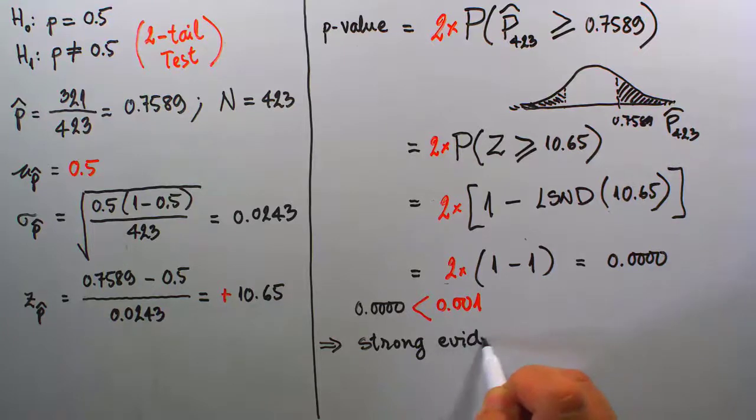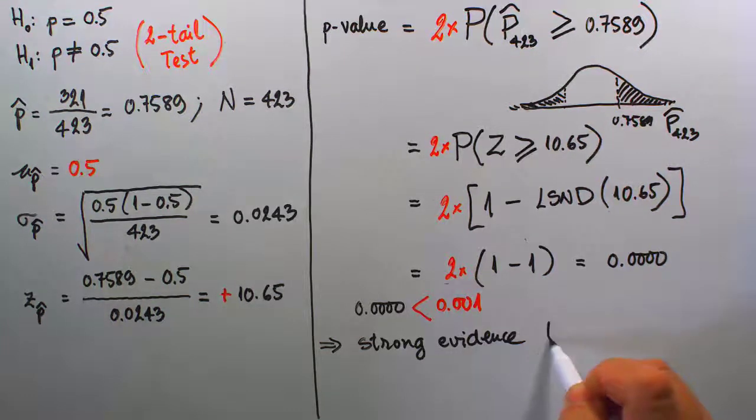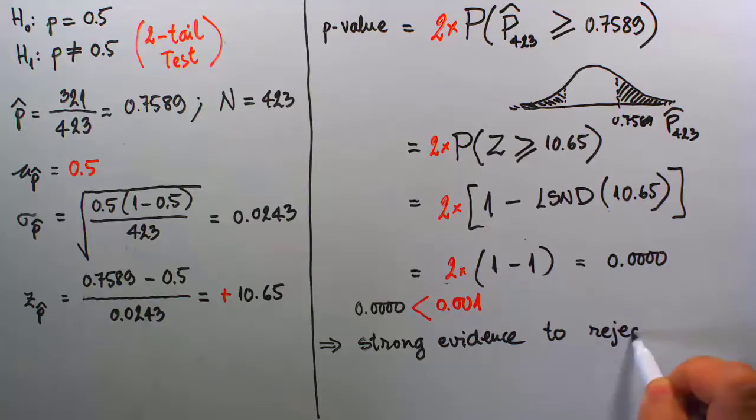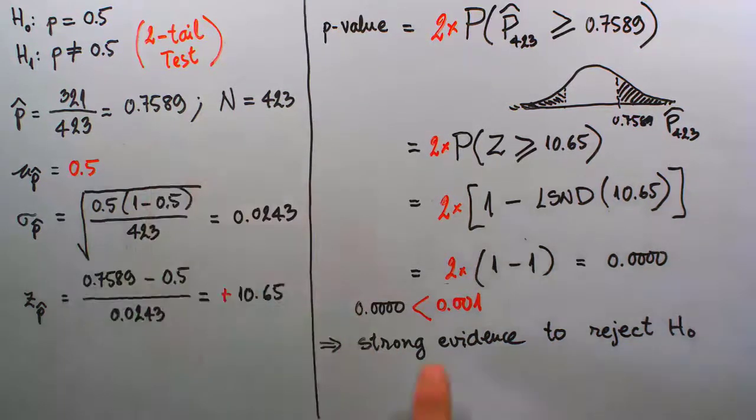So we are showing strong evidence. But our strong evidence can be used either to reject h sub 0, or we can use our sample as strong evidence to support h1, our alternative hypothesis.